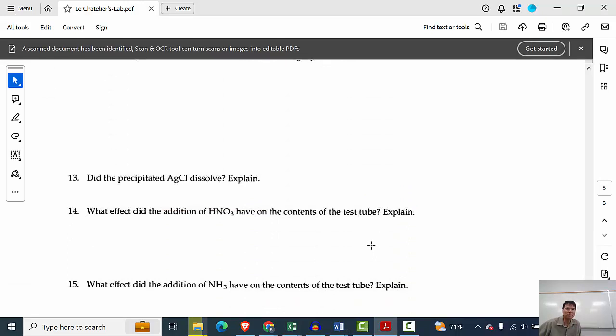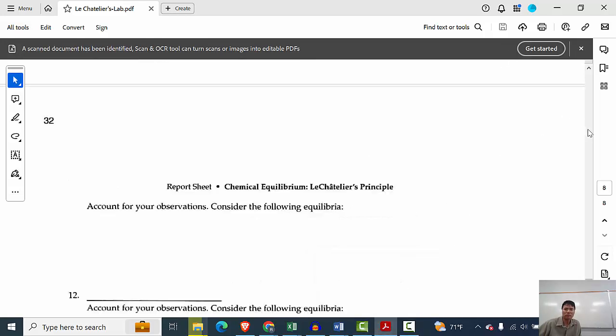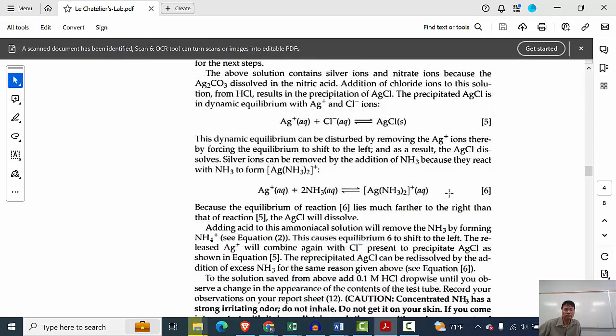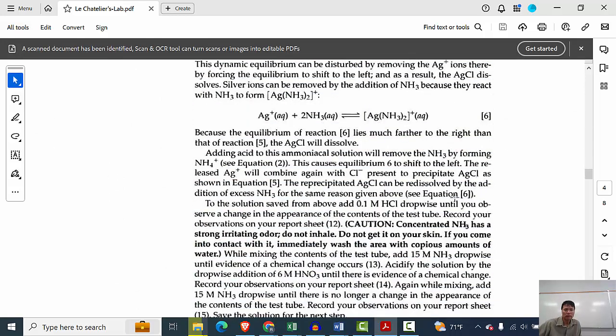Did silver chloride dissolve in 13? So let's take a look at what they're asking for in 13 here. In 13, they're asking you to add ammonia to silver chloride. Did it dissolve?